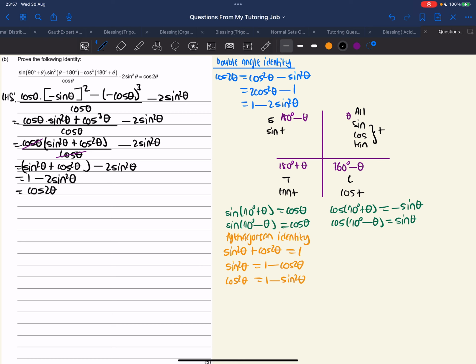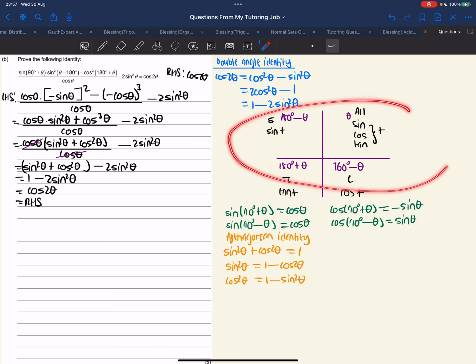Then we can just say that it equals the right hand side, because the right hand side in this case was going to be equal to cos 2 theta. So yeah, this is how you could have done that question. You're going to use that identity there to prove it at the end. So this is what we needed to simplify or prove that identity there. All right, I hope that makes sense to you.